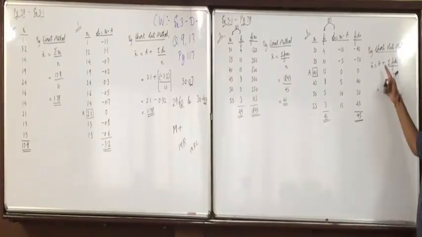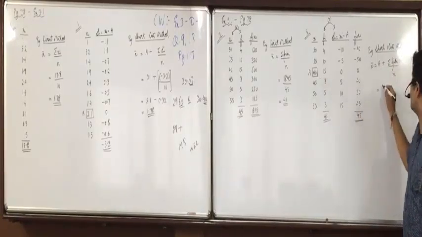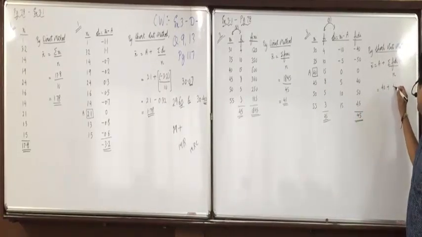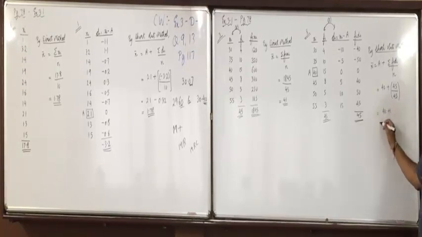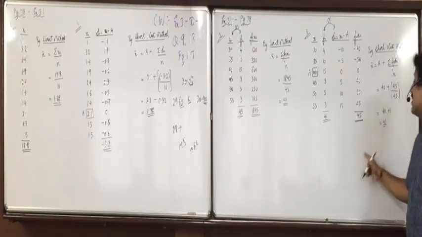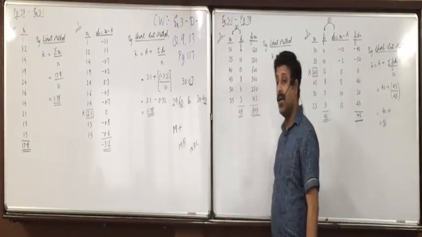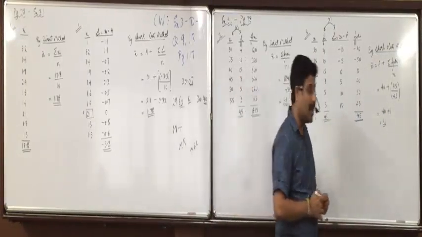Okay, assumed mean a is 40 plus sigma fi di is 45 upon n is also 45. What part will you solve first? 45 upon 45 you will do first. That comes to 1. 41. Does it come same as the previous answer or not? It will always come same.